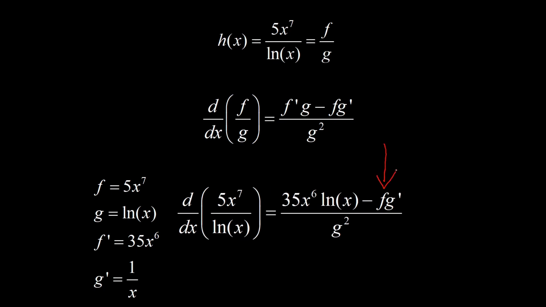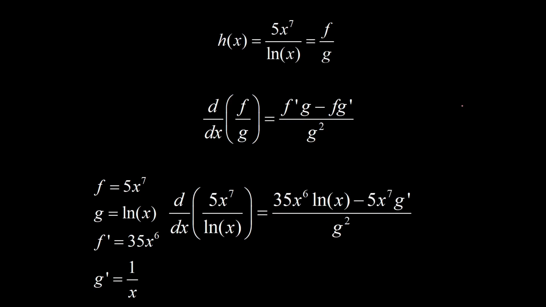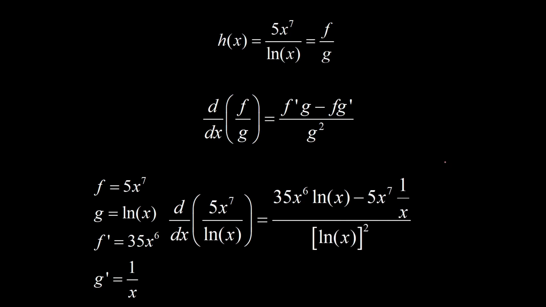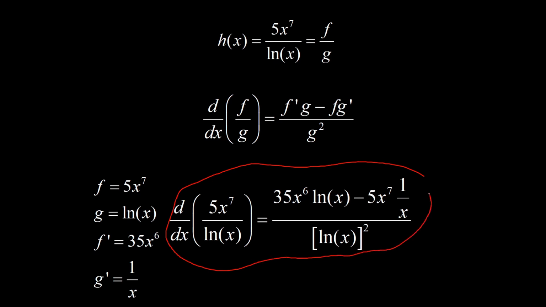We have f, which is 5x to the 7th. g prime, the derivative of g, 1 over x. And then finally, g, which is log x. And this all is being squared here. And so here is our answer after plugging everything into the quotient rule.